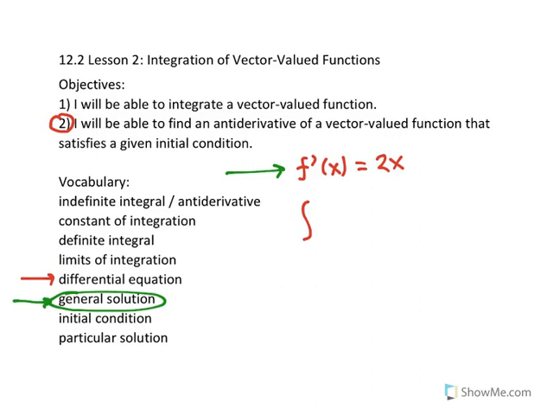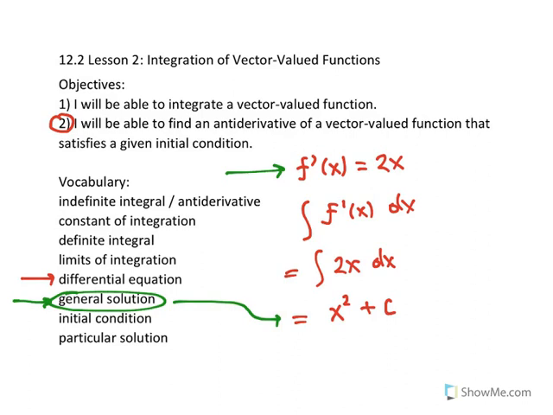So to do so, you're just going to find the indefinite integral of f prime of x dx, and that would give you the indefinite integral of 2x dx, which is, of course, x squared plus a constant of integration, giving you what we call the general solution, which is a family of functions differing by a constant value.